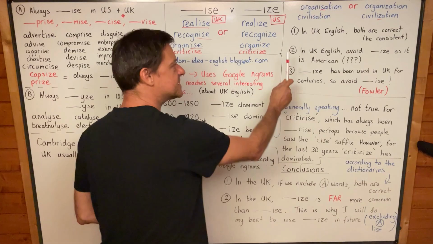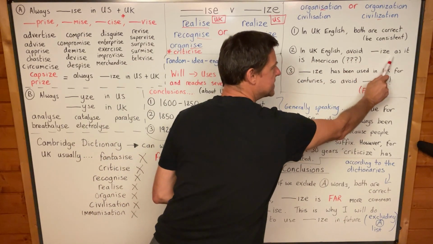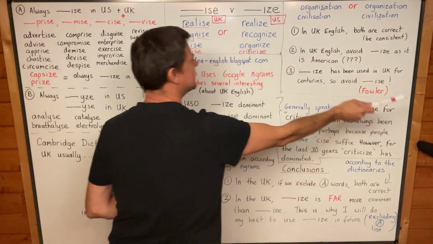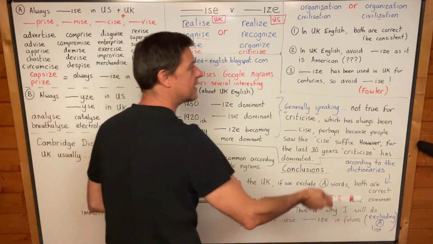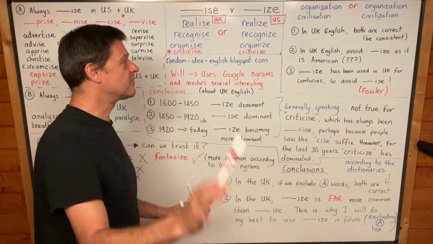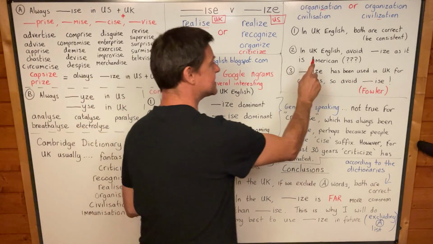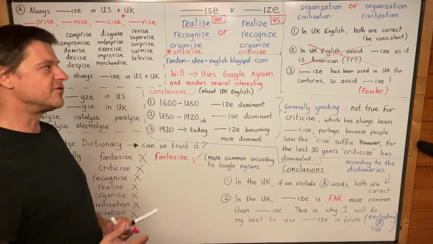But very often teachers tell you in UK English, avoid IZE: avoid organization with a Z, civilization with a Z, criticize with a Z, organize with a Z, recognize with a Z. They tell you to avoid it as it is American. And I've got to say, I think Will does a really good job of showing you that that is false. That's not true. And how do we know that's not true?